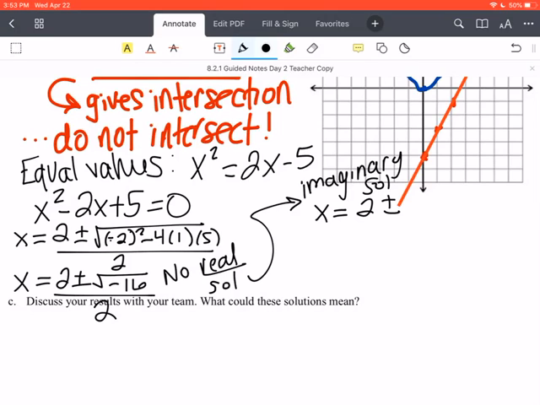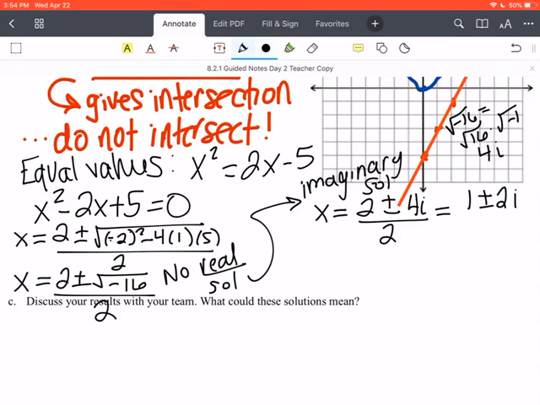If you keep in mind, we can rewrite the square root of -16 as the square root of 16 times the square root of -1. Well, what's the square root of 16? 4. What's the square root of -1? We memorized that yesterday. That is i. That is something to memorize. So I know that the square root of -16 is 4i divided by 2. So then from there, everything is divisible by 2, so I get 1 plus or minus 2i is my solution.